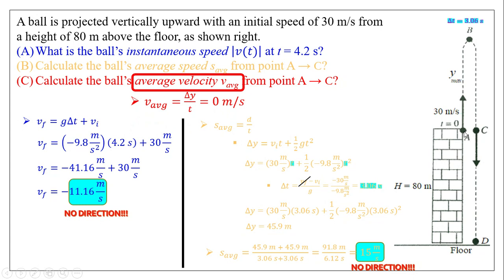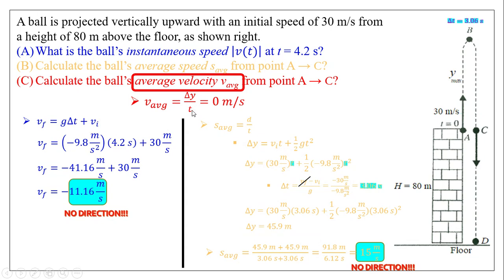It started at point A, rose up to point B, and came to point C, but point C and A are really the same position. So while it traveled a certain distance, it has not moved, or displaced itself, relative to its position. Therefore delta y here is just 0.